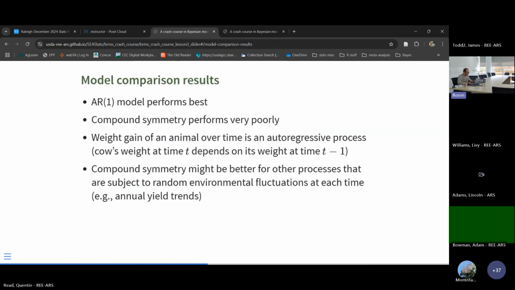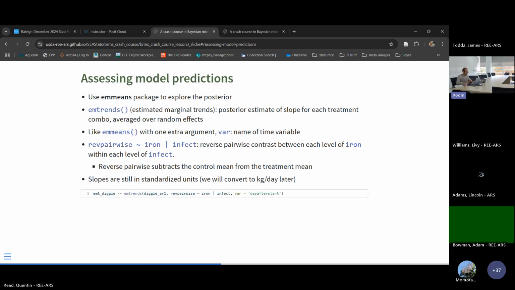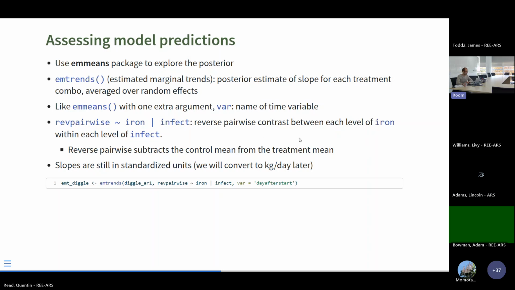Okay, so we've compared the models, and now we're going to do inference. And there we go. We're going to look at the slopes if they're different. In emtrends, we're going to do comparisons of iron supplementation within each level of tuberculosis infection.